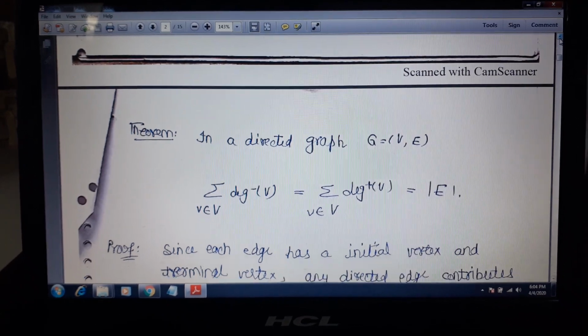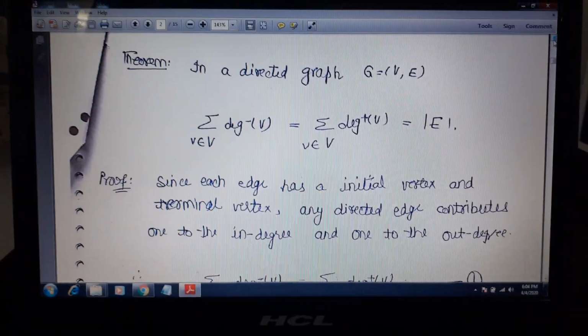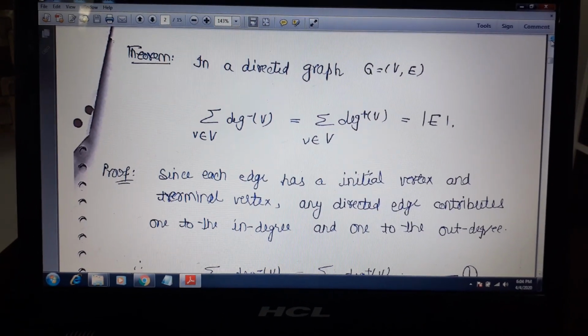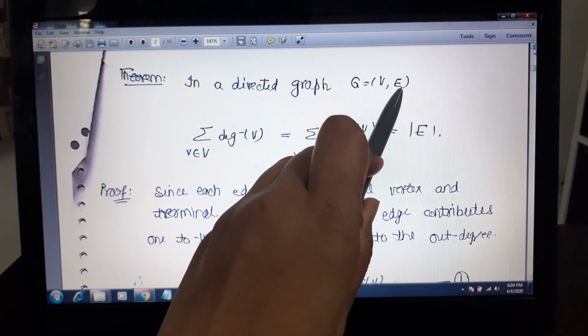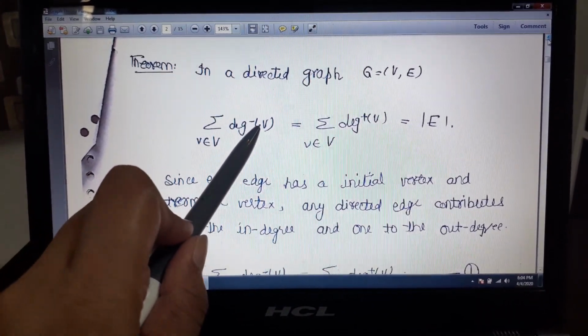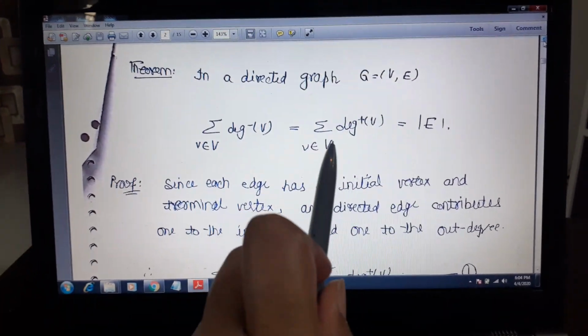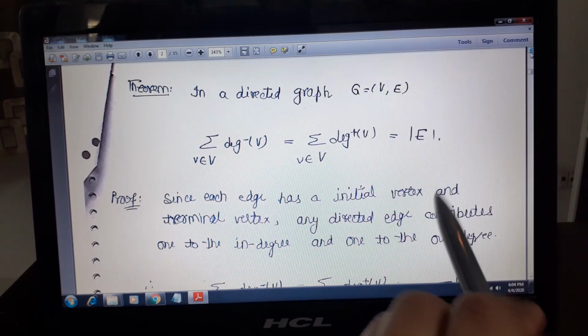Next is a theorem based on it. In a directed graph, let the name of the graph be G, where capital V denotes the set of vertices and capital E denotes the set of edges. Then the sum of in degrees of all the vertices is equal to the sum of out degrees of all the vertices, which is equal to the number of edges.